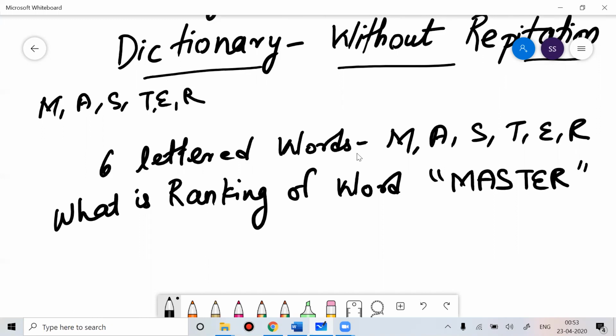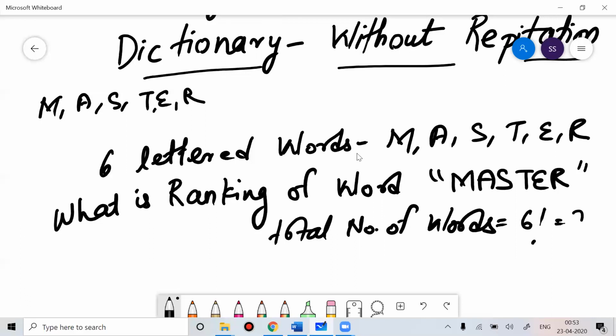Before that, if I'm talking about a 6-letter word dictionary, what would be the total number of words? Because 6 letters are there and none of the letters are repeating, the total number of words would be 720.